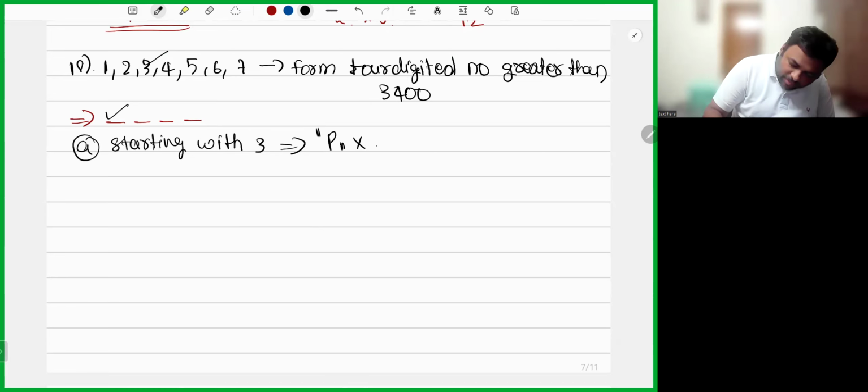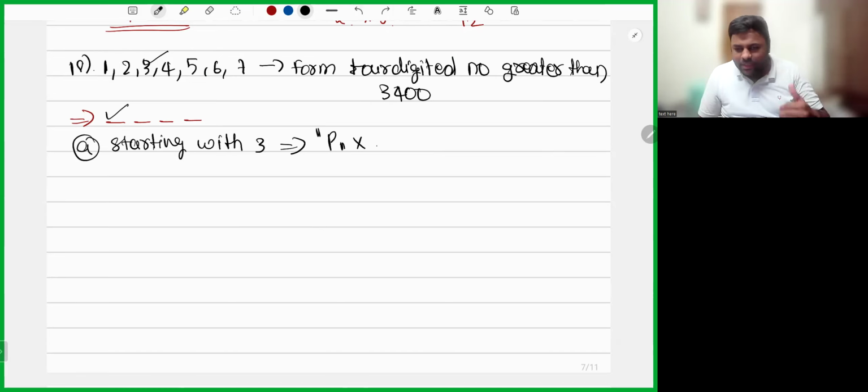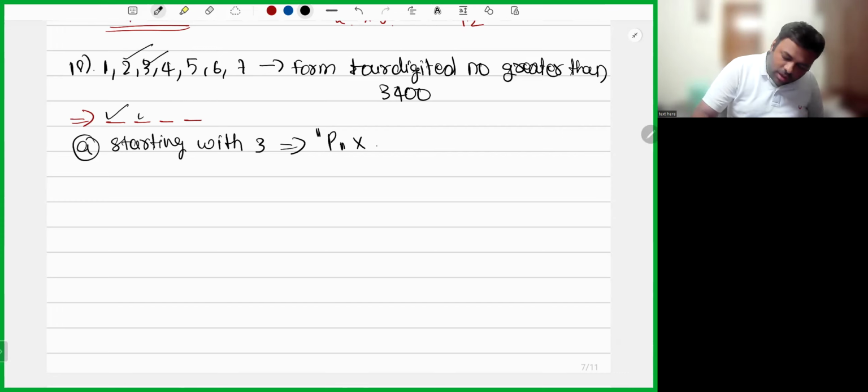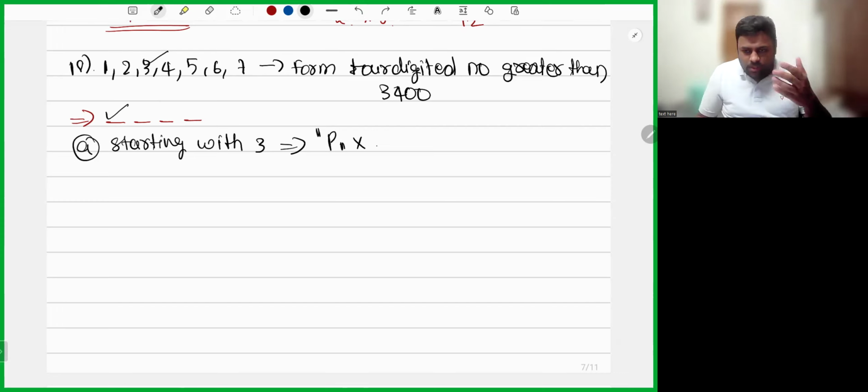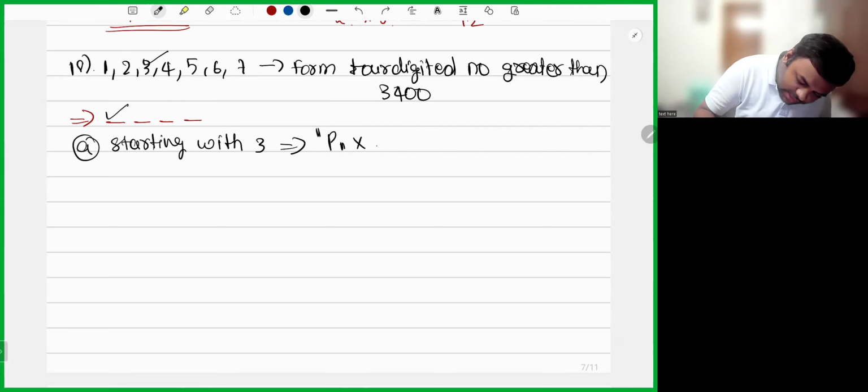Now, can you place 1 here? No, sir. If you place 1 there, it will be 3100, which is less than 3400. Can I place 2 here? No, sir. It will be 3200, which is still less than 3400. So 4, 5, 6, 7: any one number from these 4 can be placed here, 4P1.